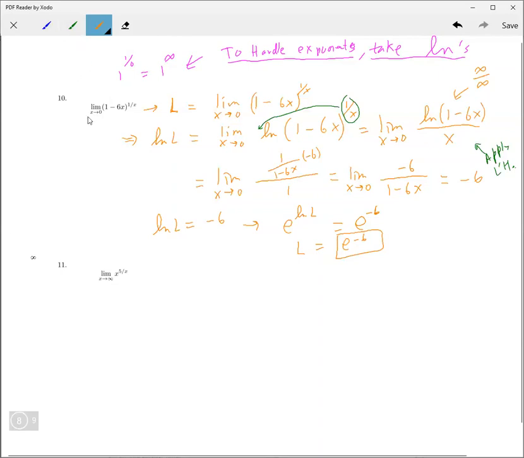So this limit is e to the negative 6. And that's the answer. Okay, and then this last one here is the same thing. Here I have x going to infinity, so this is infinity, and then 5 over infinity, that's like infinity to the 0. So this is an exponent like this one was.